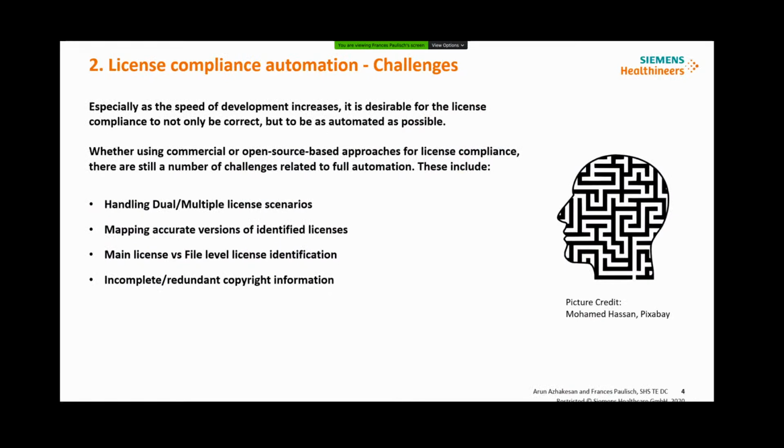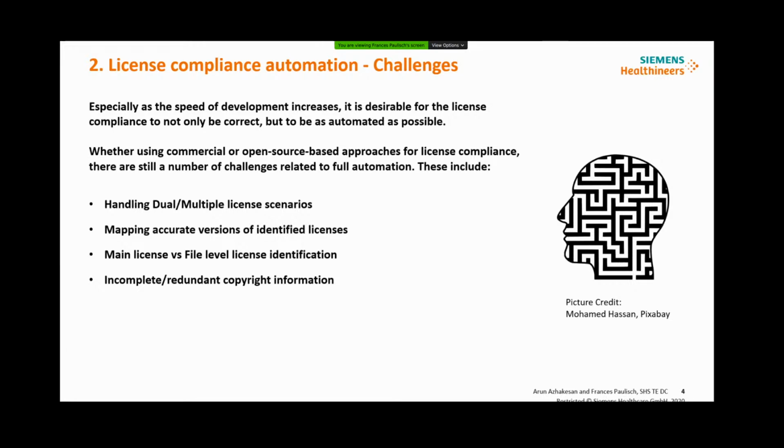So some of the more concrete challenges with license compliance automation: it is especially important because of the huge amount of open source that we want to automate as much as possible. But the number one goal, the very unequivocal number one goal, is that we have to be correct. We have to know what the license obligations are in the software that we're using, and make sure that we adhere to them.